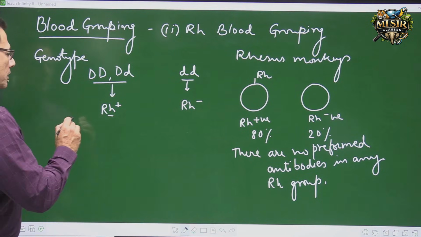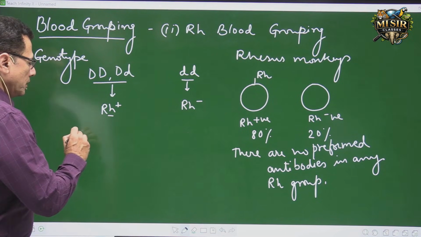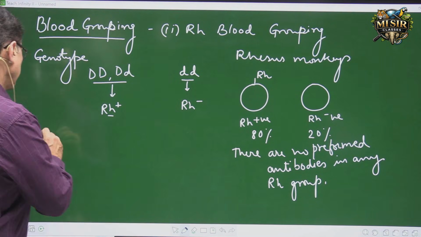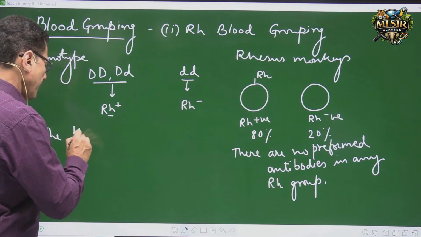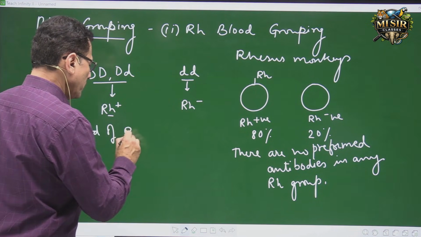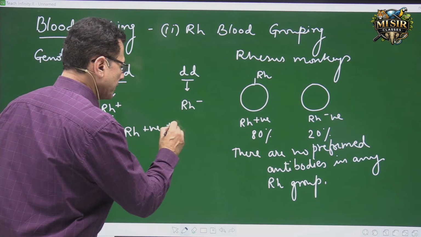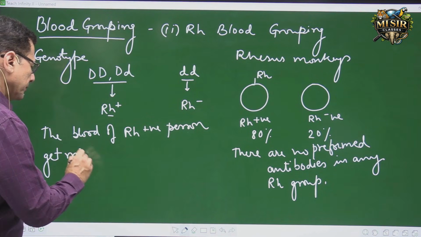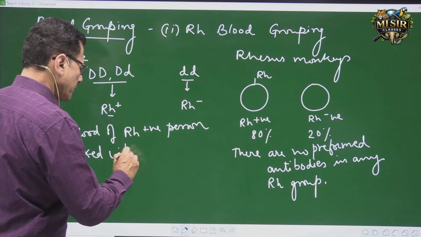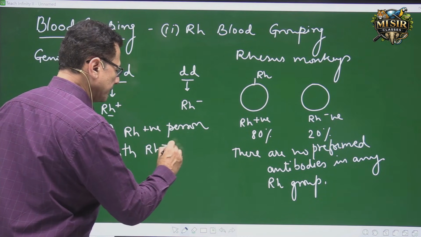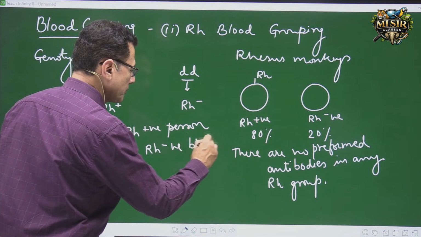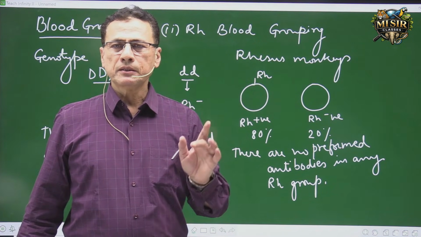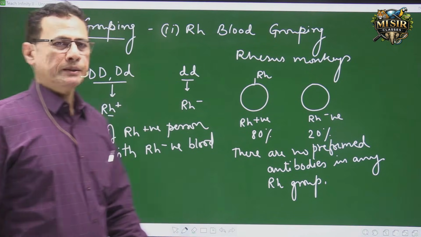Suppose we say that if in any case the blood of an RH positive person gets mixed with RH negative blood, in this case the antibodies will be formed in the person having RH negative blood.